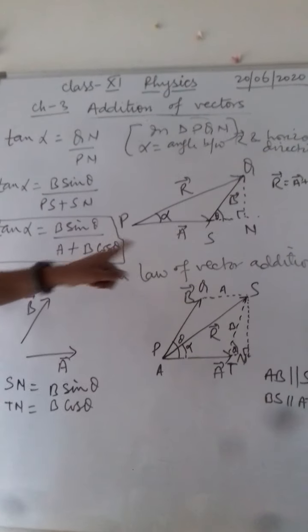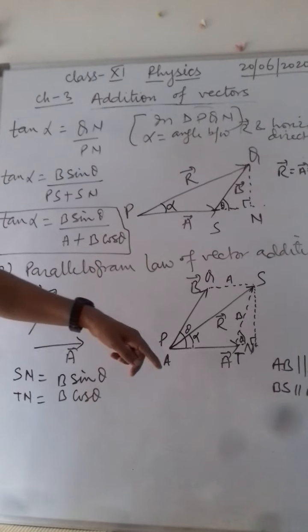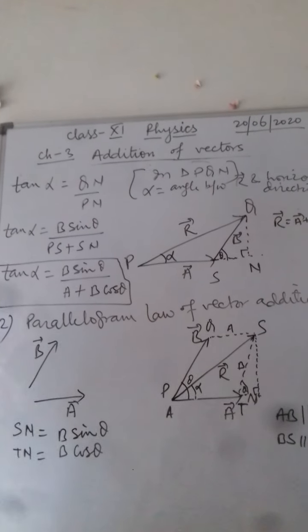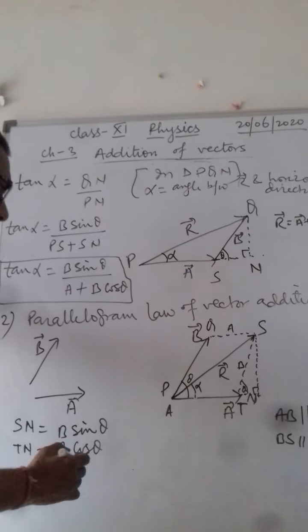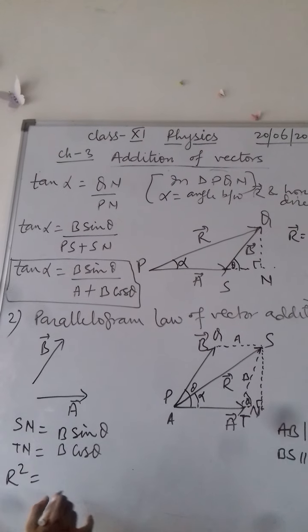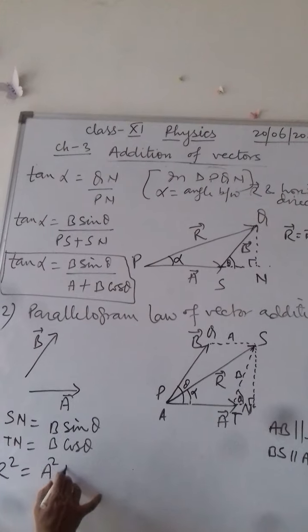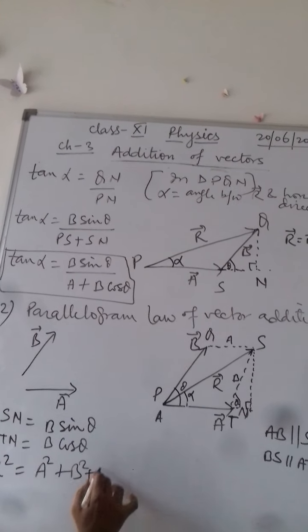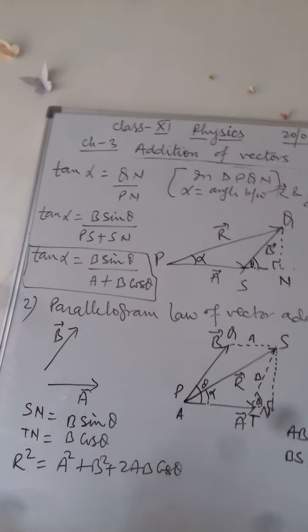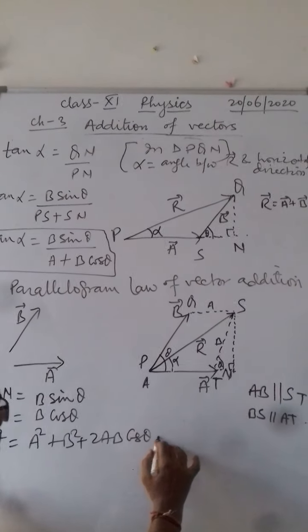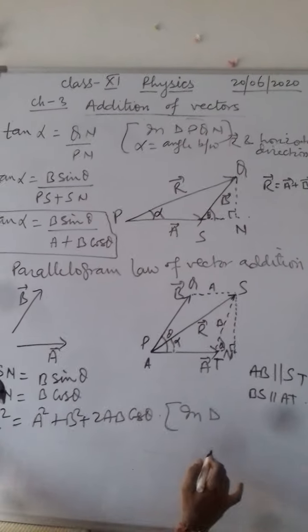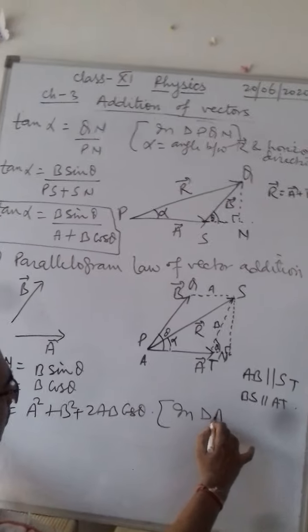So the parallelogram law of vector addition is at last observed as the triangle law, and we find R square is equal to A square plus B square plus 2AB cos theta, in the right angle triangle ASN.